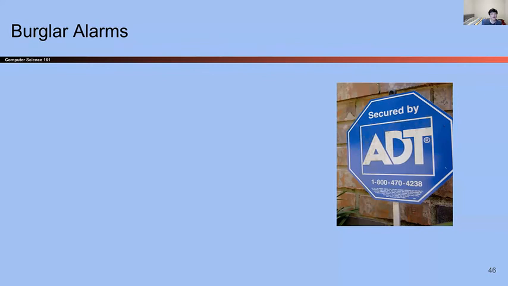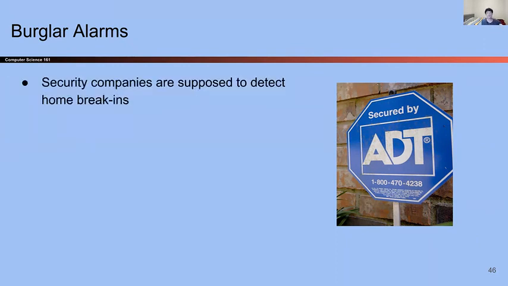Anywho, the next one that we'll go through is burglar alarms. So many houses have this. The house that I'm in right now has one of the security systems. They essentially are companies that will detect break-in, and then they'll call the police for you.